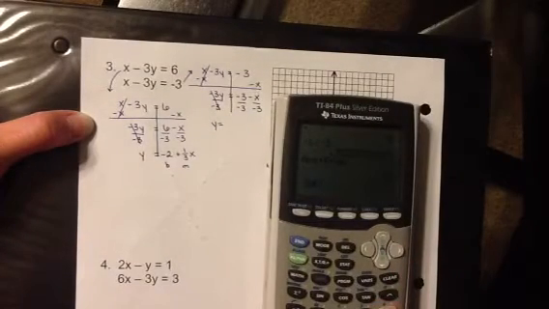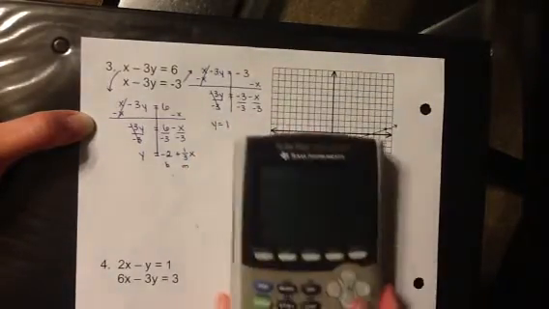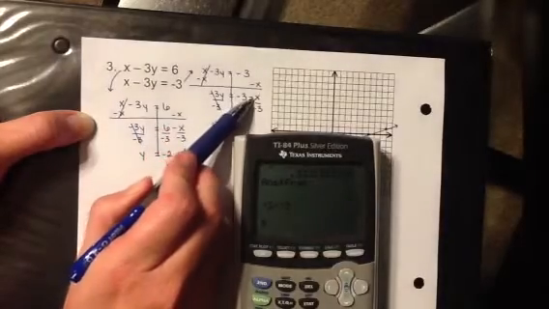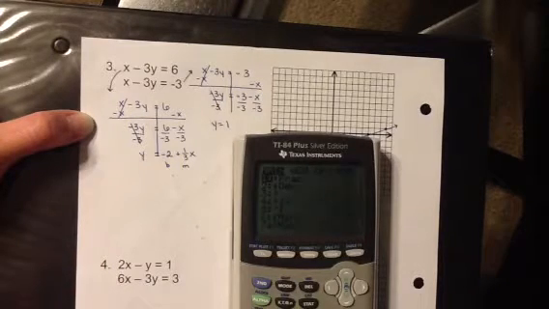Again, 1. And then I also need to do this as negative 1 divided by negative 3, just like last time. So we get that same nasty decimal. So we do math, frac, enter, and we get 1/3.